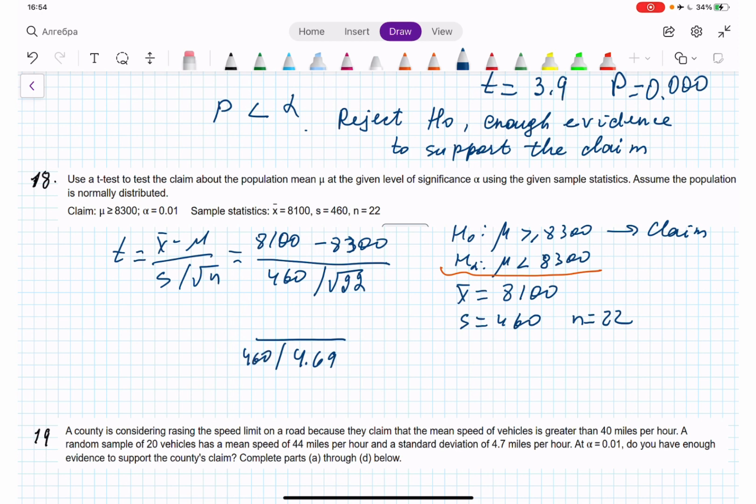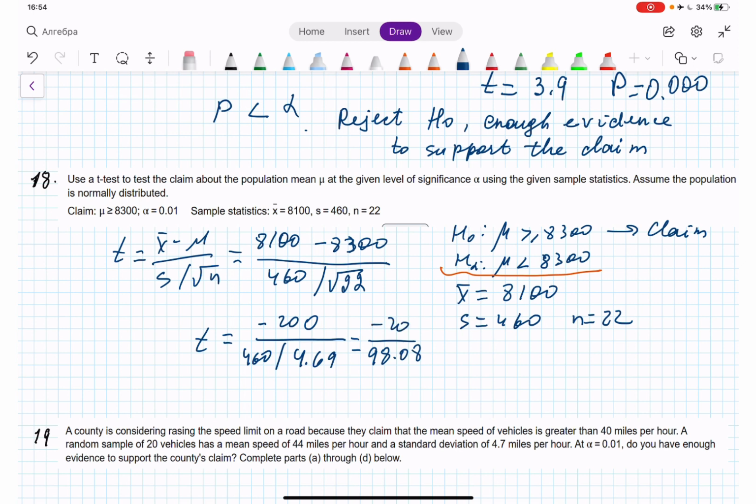Then 460 divided by 4.69 is going to be 98.08.